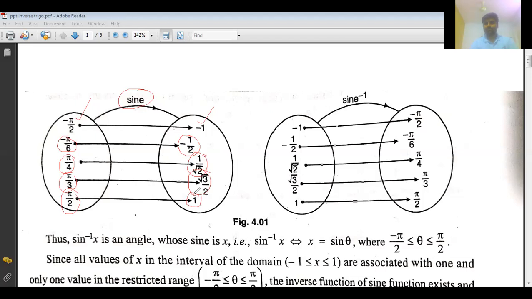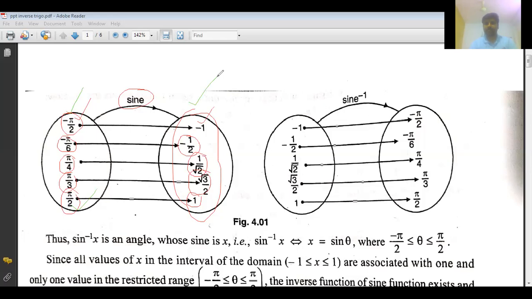That means the sine function is getting different values for different angles, correct or not? These resultant values are all different, by substituting values from where to where? From minus pi by 2 to plus pi by 2 only we are getting different values as results.